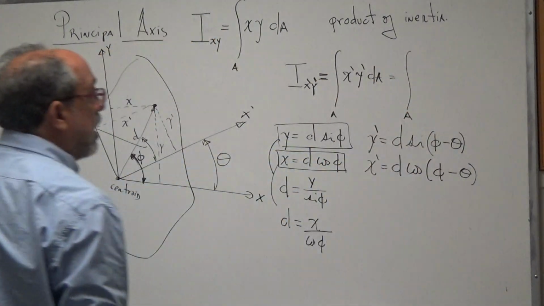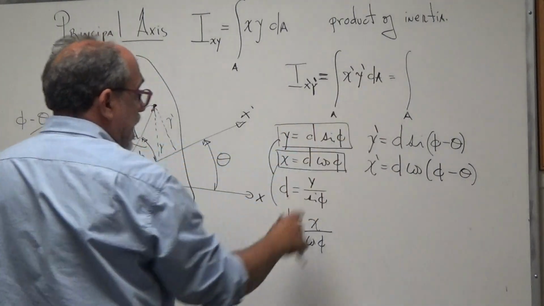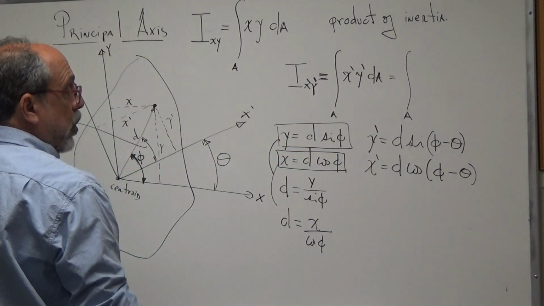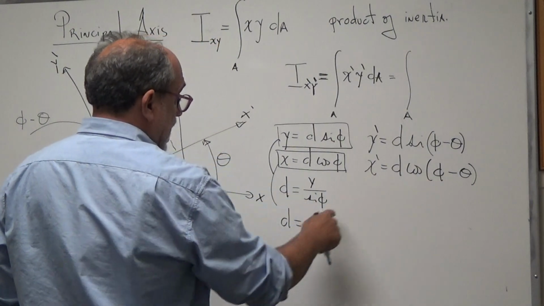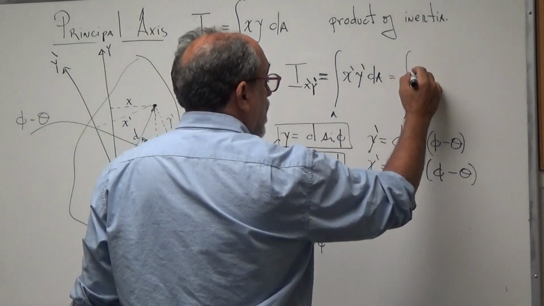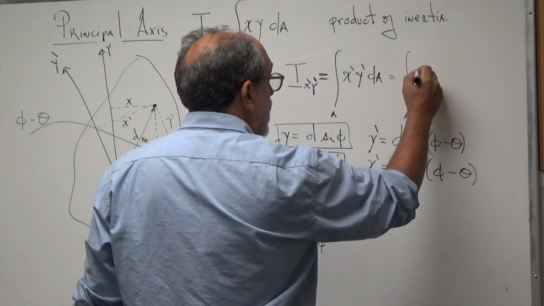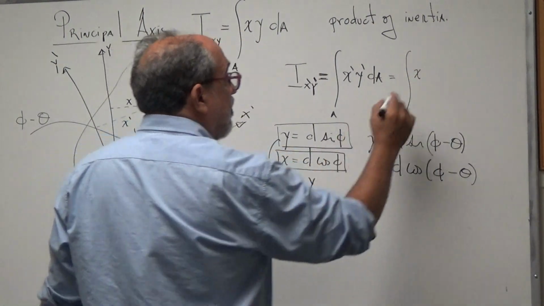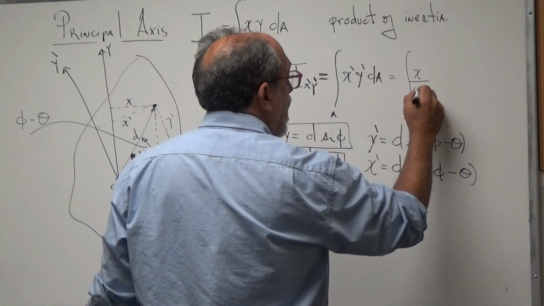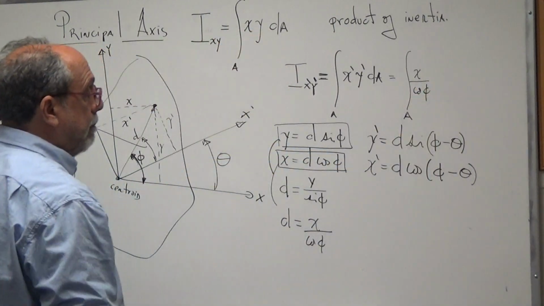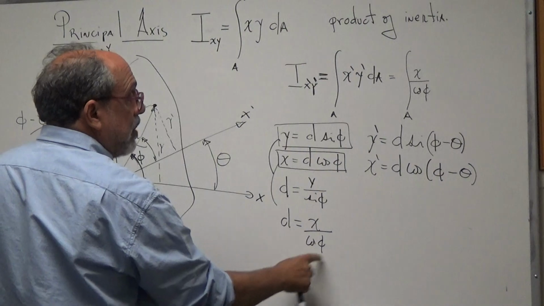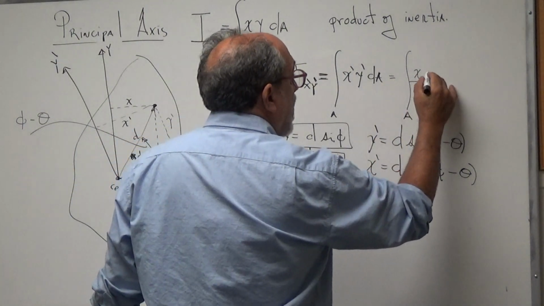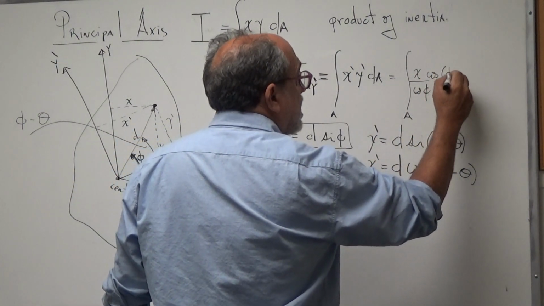Now, if that is the case, then we can come here and say that this is the integral over the full area of x prime y prime dA. So we're going to get x prime, which is this, but instead of d, let's write x over cosine of phi, right? That's x prime, d, which is x over cosine of phi, times the cosine of phi minus theta.